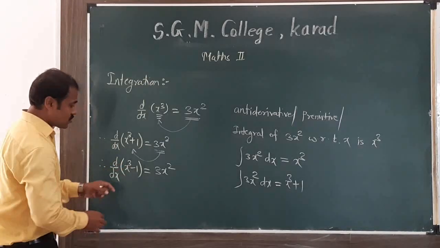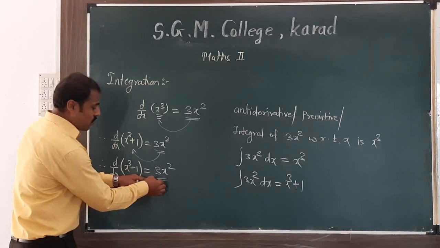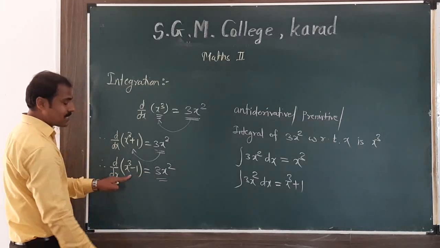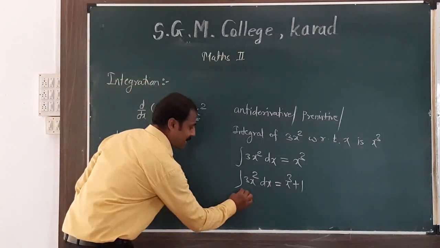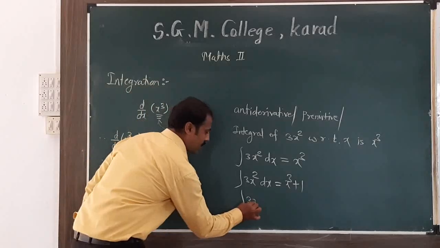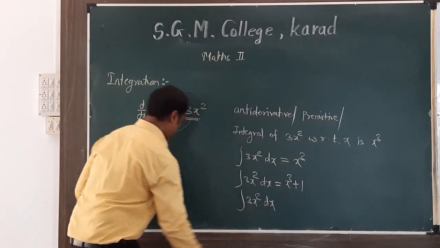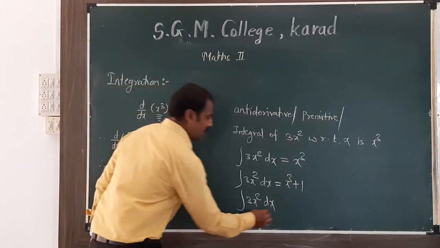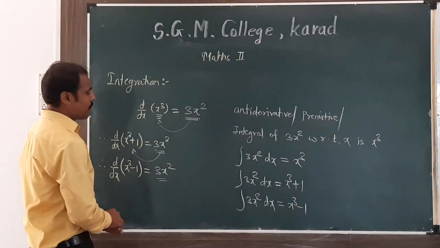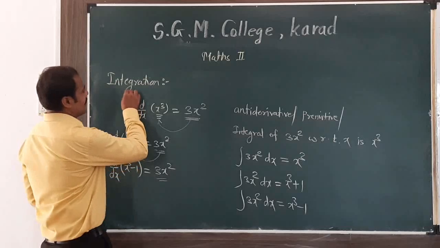Don't write it. So again, whose derivative is 3x square? The answer is x cube minus 1. So I can write integration of 3x square with respect to x is x cube minus 1.